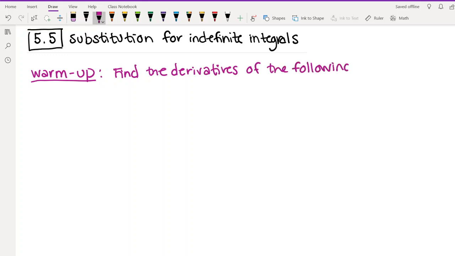The first one is f of x is equal to e to the 2x. And the second one is g of x is equal to cosine of x cubed. So take a moment, think about if you know what these answers are, or pause the video if you want to write it down and find the answers.